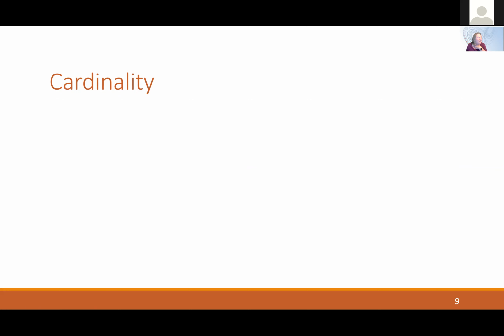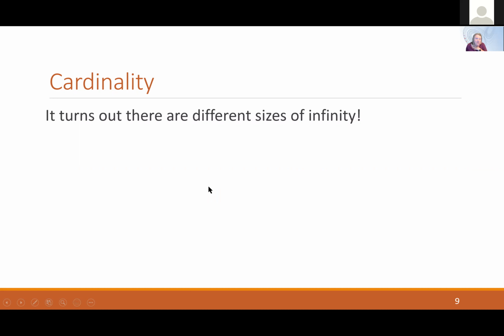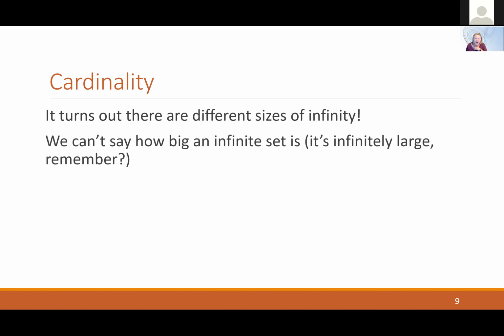Okay, great. So let's talk a little bit about cardinality, because that video was really getting at the cardinality of, so the number of rooms in the hotel is a metaphor for the cardinality of the counting numbers. So it does turn out that there are different sizes of infinity. For any infinite set, we can't really say how large it is.